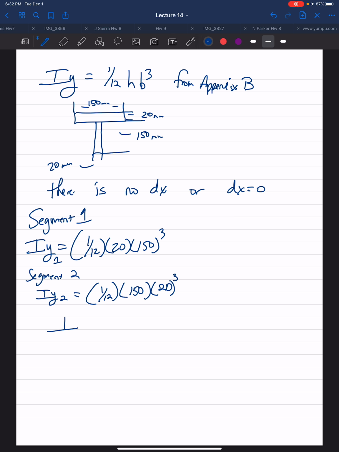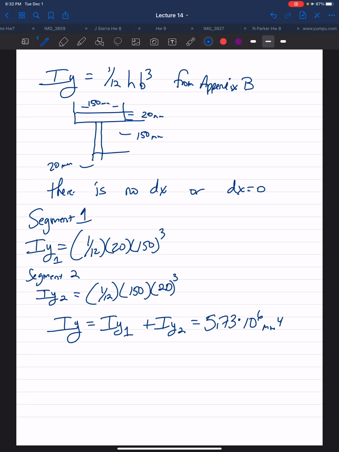So then our I sub y, add the I sub y1, I sub y2, you get approximately 5.73 times 10 to the 6 millimeters to the 4. And we've solved the problem.